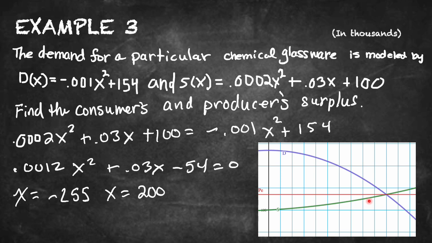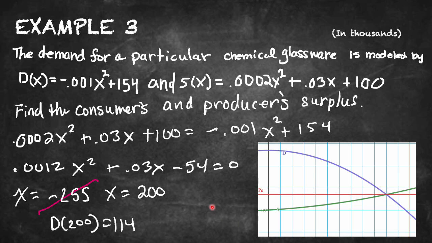Because we're talking about a number of items, specifically glassware in thousands, we don't want to use the negative value because that doesn't make sense. So we're going to stick with x is 200. So the x value of our equilibrium point is going to be 200.